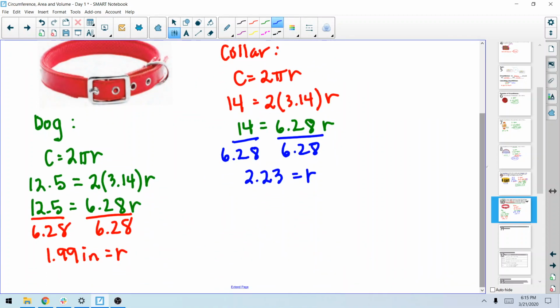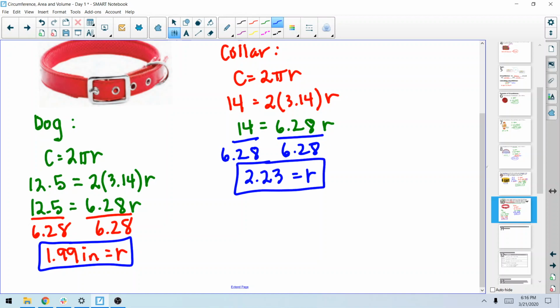And then we're going to compare. So this is the dog's neck. That's his radius. This is the dog collar. And the dog collar is supposed to be at least a ½ inch bigger than the dog's neck. So 2.23 minus 1.99.